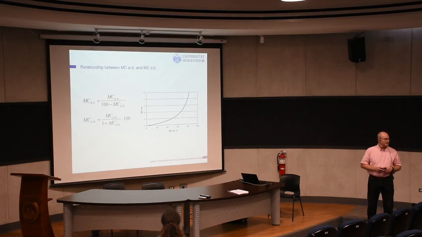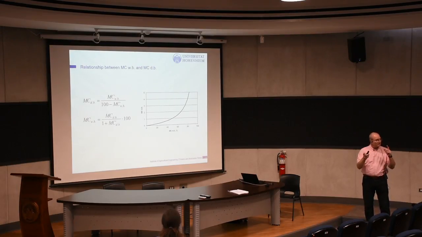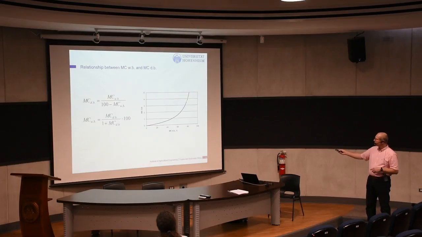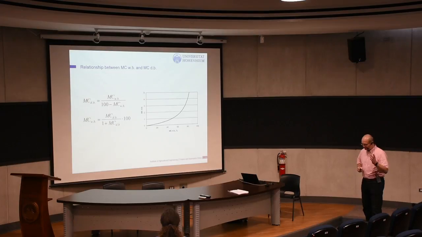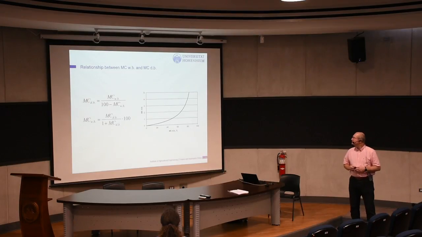Close to 0, it's very close to a linear relation, and this makes it even more tricky, because you think, oh yeah, I can just convert it one to one. It's not right. If you come higher up, there's a large difference between the two. Yeah, 60% here is, for example, 1.5. In percent it would be 150%.